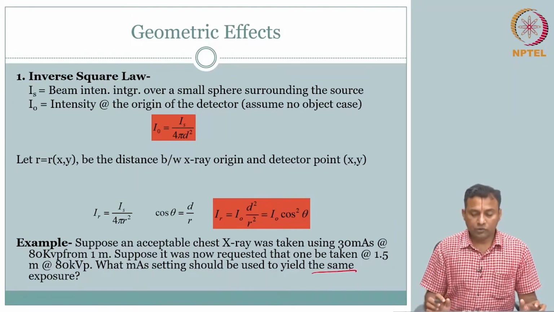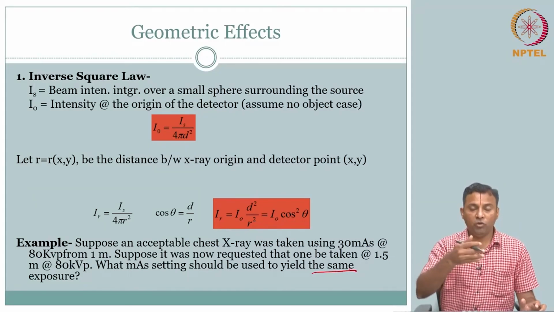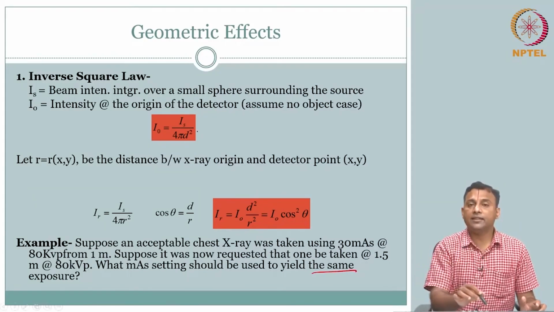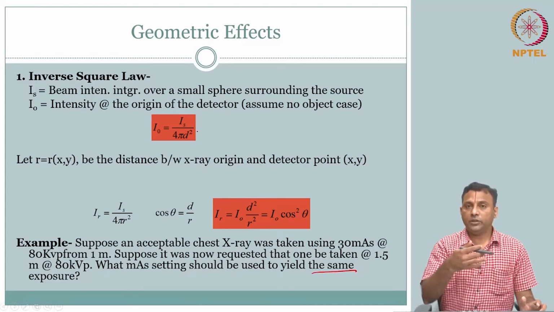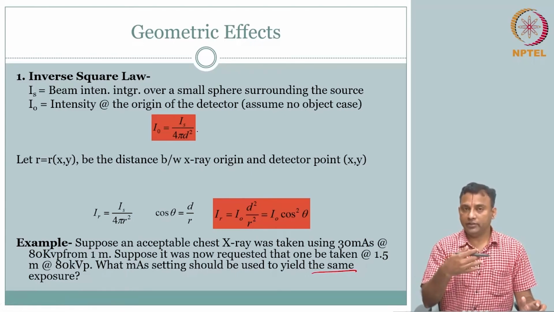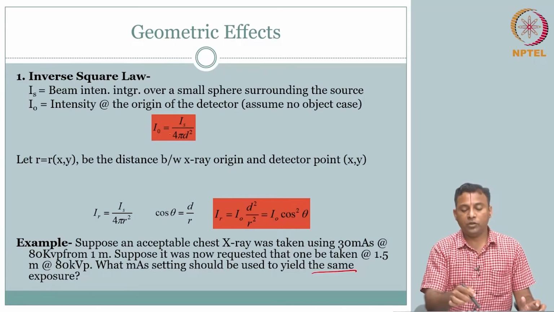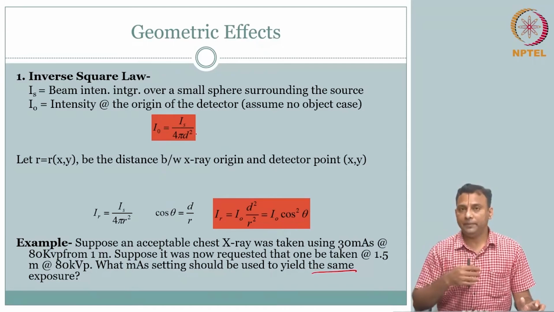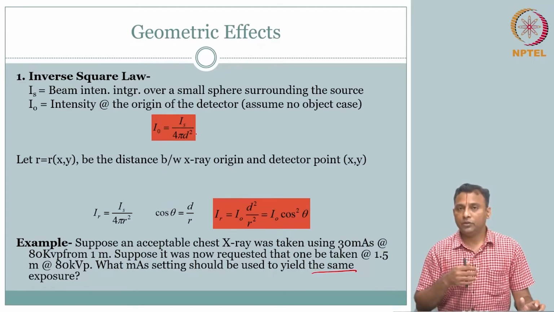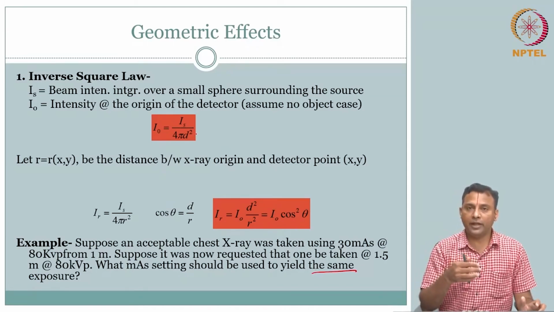So the idea is you are asking the patient to move, in which case the exposure is going to change because it is dropping off with respect to D. What he is going to face is a drop off with respect to D. If he is moving closer, you can reduce the exposure.